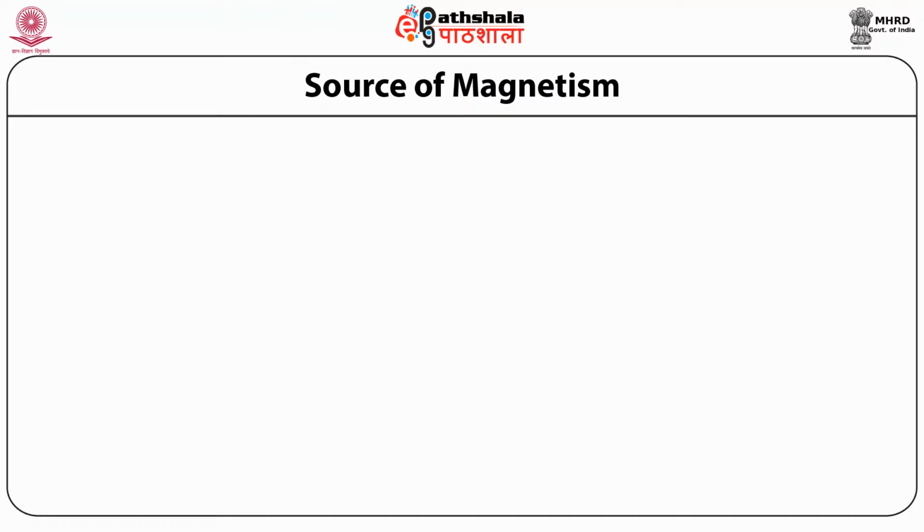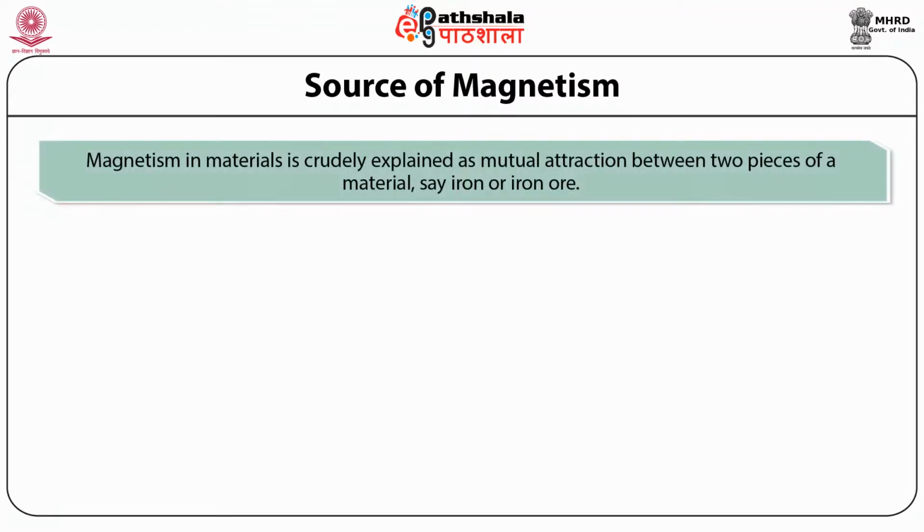Now, let us discuss the source of magnetism, or we can call it magnetic moments. Magnetism in materials is crudely explained as a mutual attraction between two pieces of a material, say iron or iron ore.